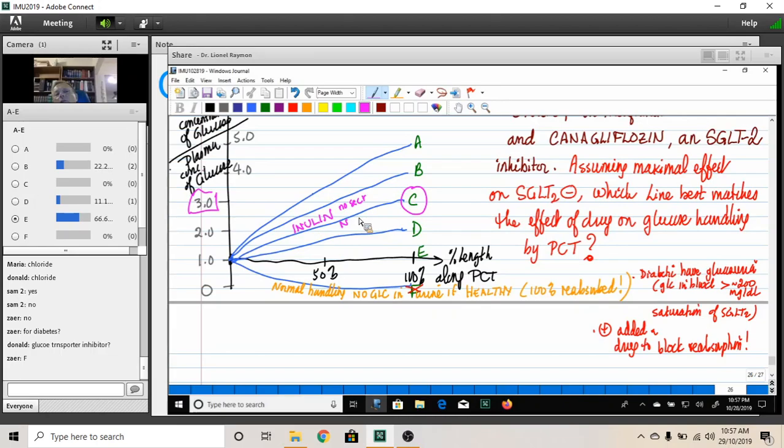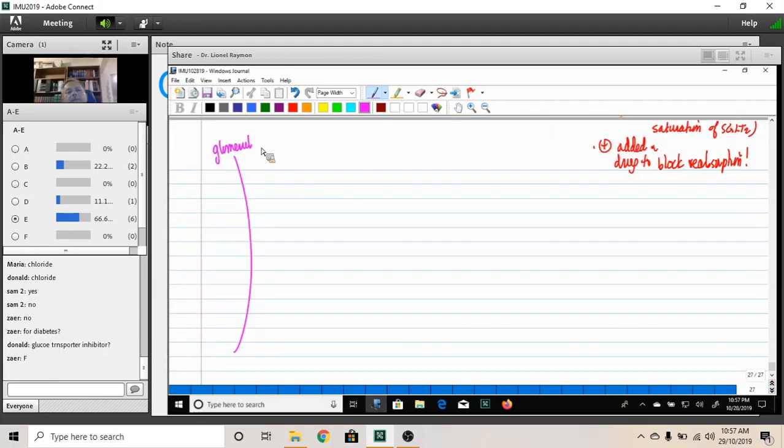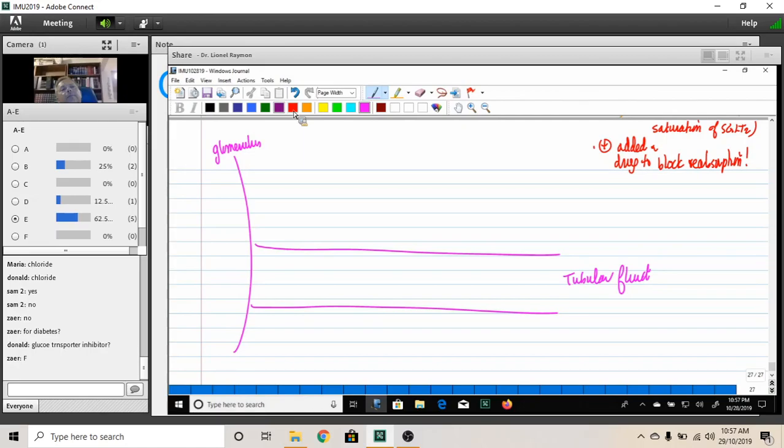Let me explain this to you. We're going to do it with inulin. There's your glomerulus, there's your tubular fluid, and of course, your proximal convoluted tubule. And imagine for a second that you have 3 sodium, 3 waters, 3 inulin.